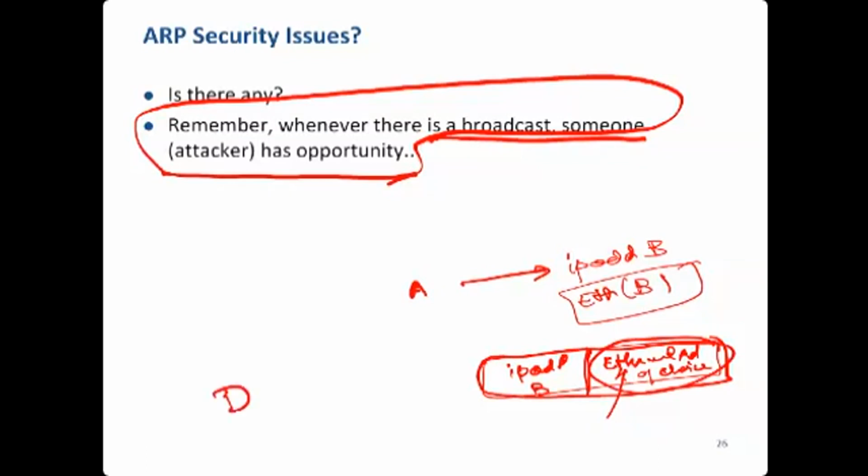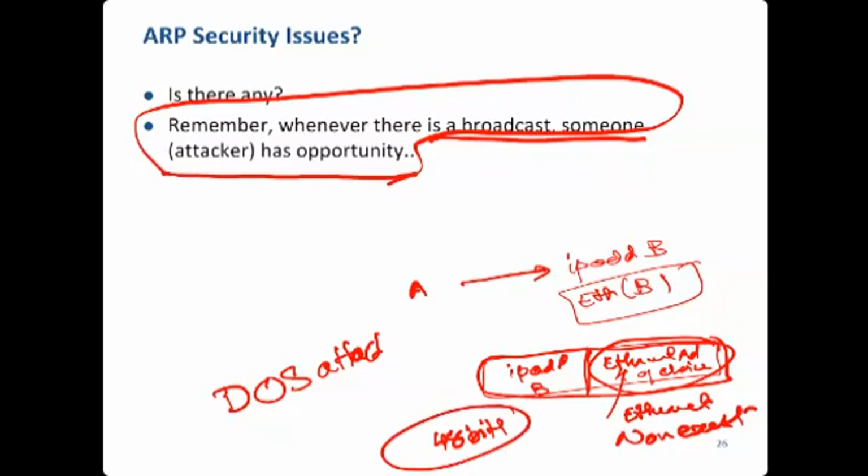If we want to do a denial of service attack, it will respond with an Ethernet address which is non-existent in the network, some random 48 bits. It will cause a denial of service attack, right?